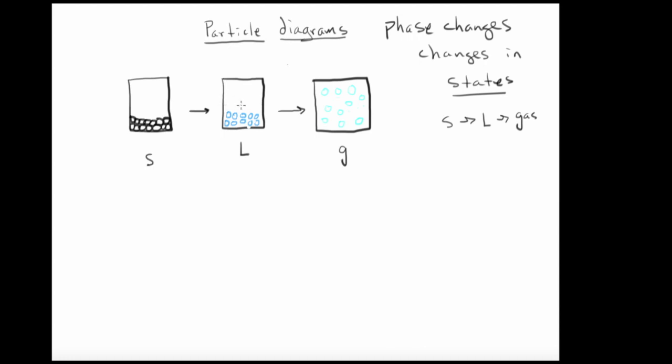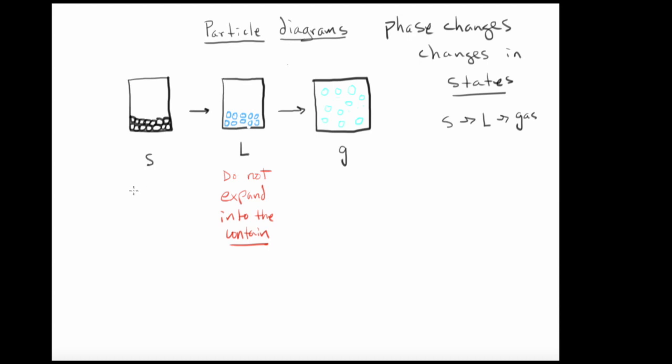They're still sitting in the bottom of the container because liquids do not expand into the container, right? They're not like a gas. So the material, due to its density and overall mass, is sitting in the bottom of the container.